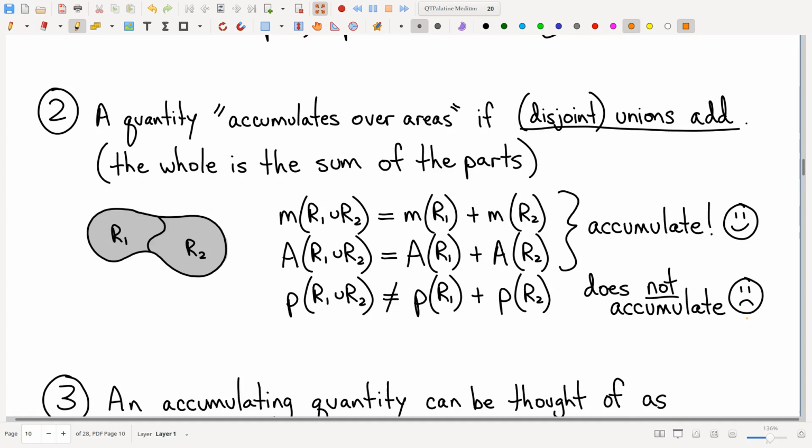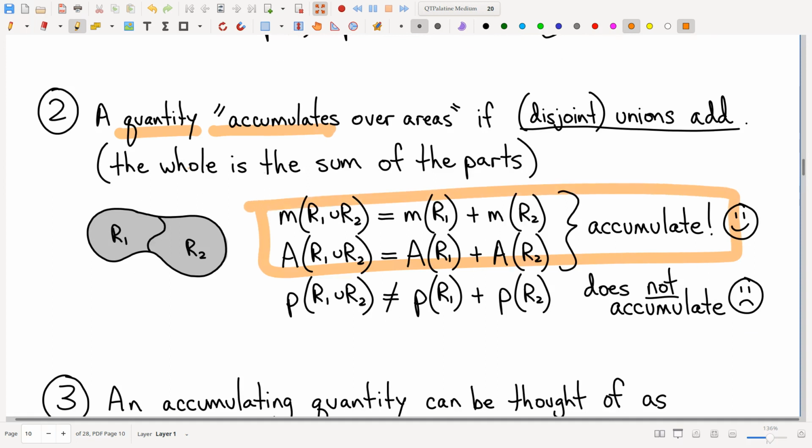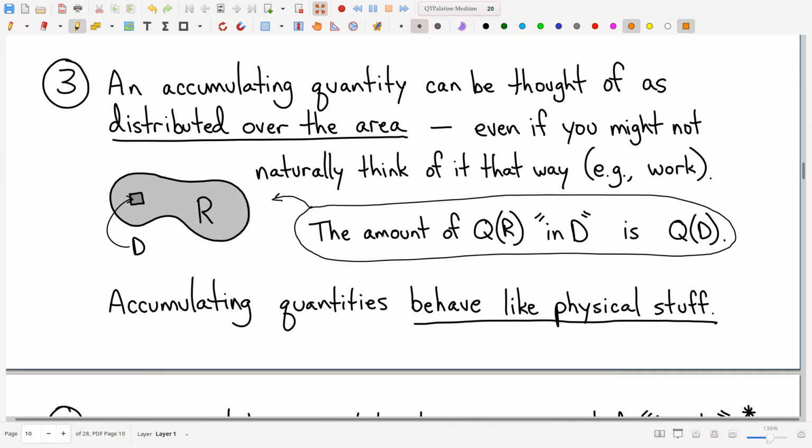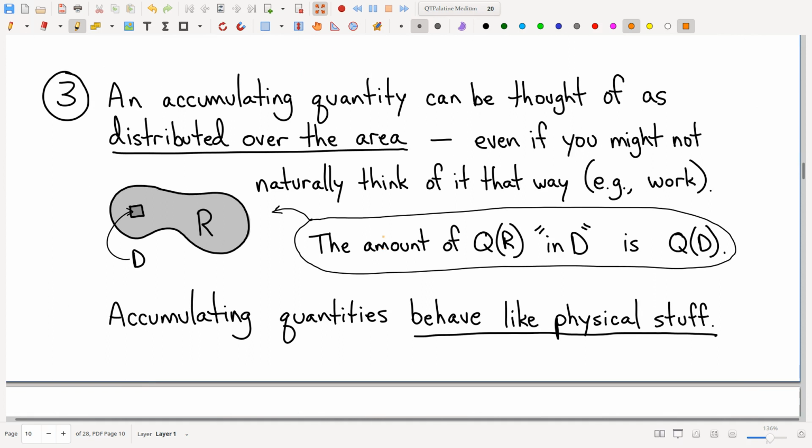But this idea of an accumulating quantity, where the whole is the sum of the parts, is a really valuable idea, as it's going to turn out. Okay, is everybody good? Everybody see what I mean by an accumulating quantity? Okay. So here, for example, is one thing you can do with an accumulating quantity.